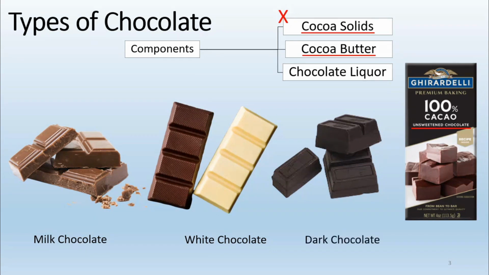And the dark variety contains both things, the cocoa solid as well as cocoa butter. And if we talk about the last one, you may have noticed that this picture has something else. It's not cocoa, it's something else. I will be talking about the difference between cocoa and this word in the later part of my presentation.